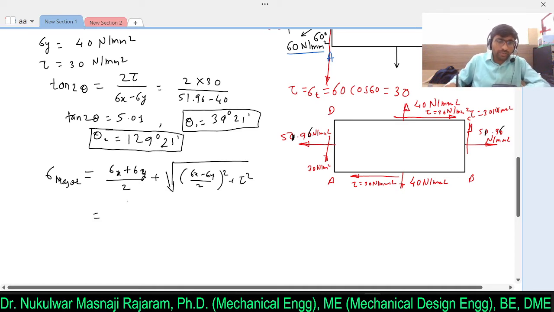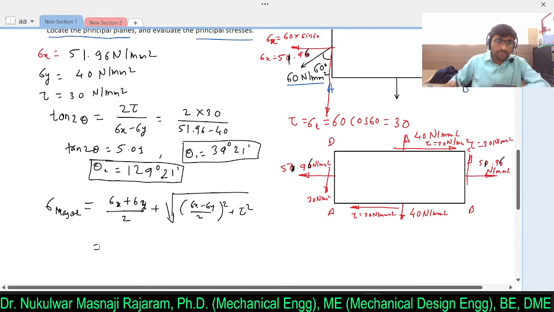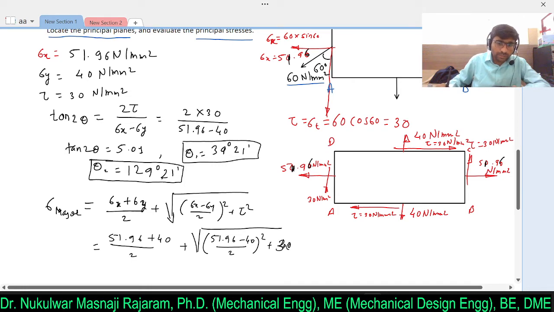If you put the values, it is 51.96 plus 40 divided by 2 plus under root of 51.96 minus 40 divided by 2 whole square plus tau. Tau value is 30.